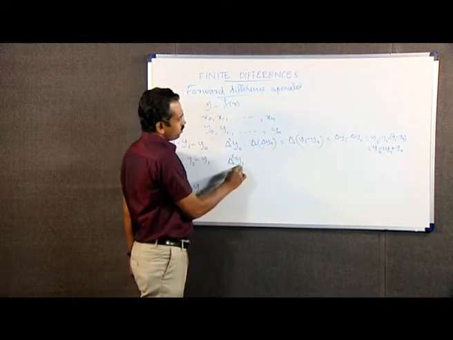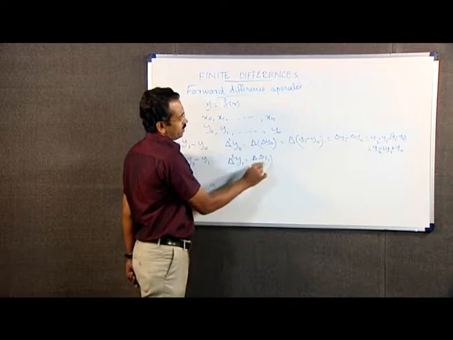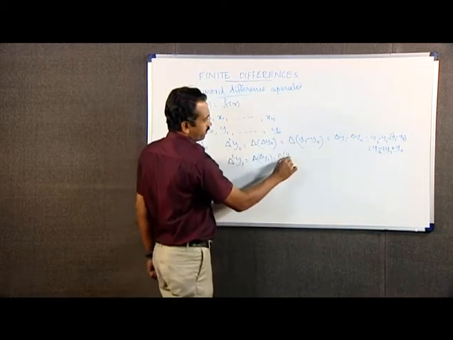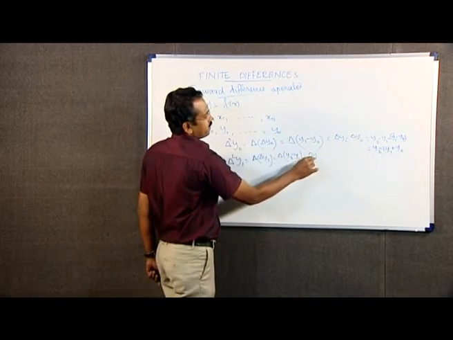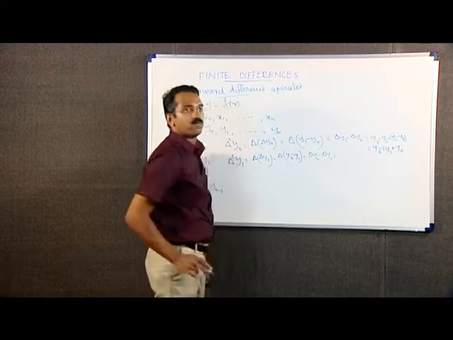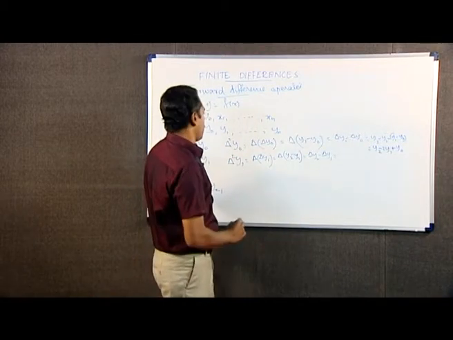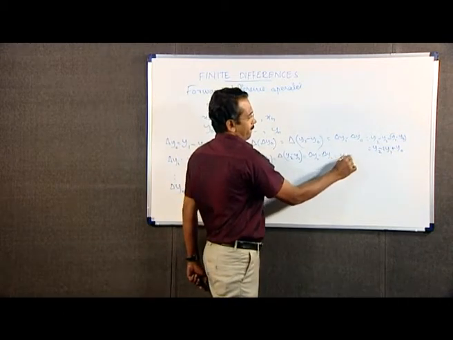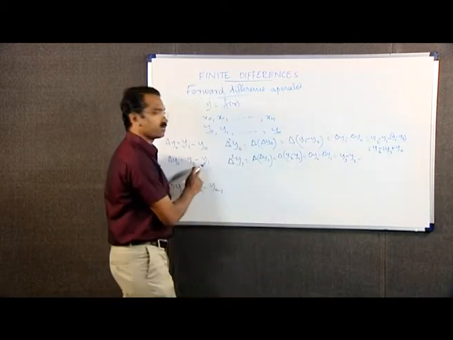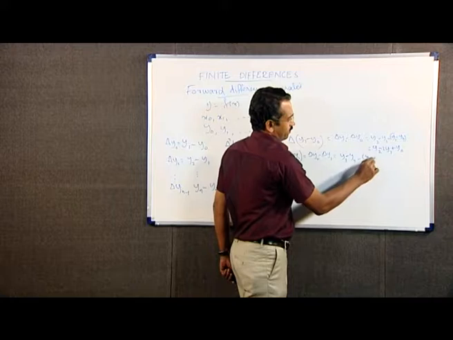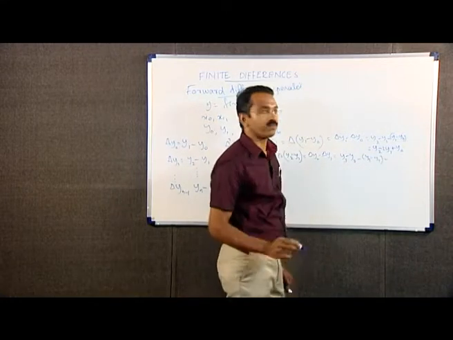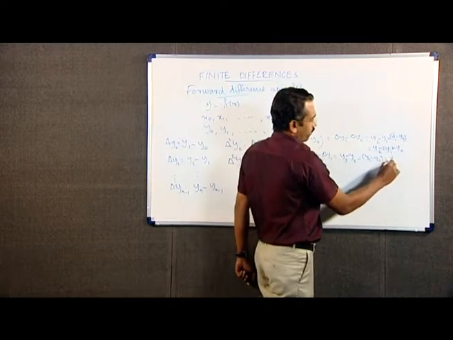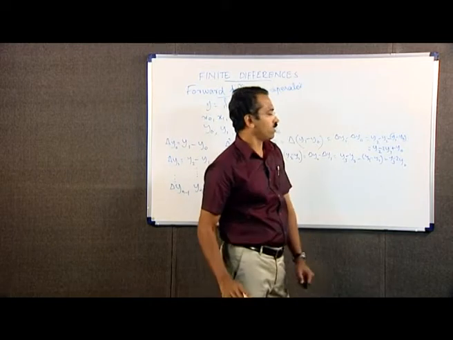Delta square y1 equal to delta of delta y1, that is equal to delta y2 minus delta y1, which is equal to delta y2 is y3 minus y2 minus delta y1 is y2 minus y1, that is equal to y3 minus 2y2 plus y1.